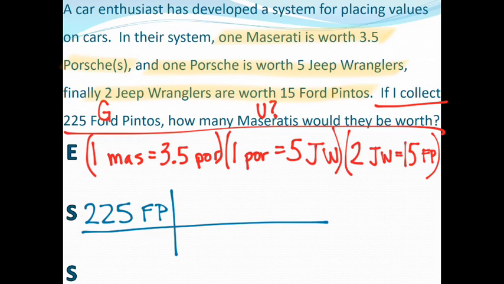So that's going to be our given. Move on to using these conversions to cancel out those Ford Pintos and everything else along the way until we get to those Maseratis, until we get MAS for Maserati up on top. Then you're done, and according to our answer key, we should be getting 1.71 Maseratis out as our answer.